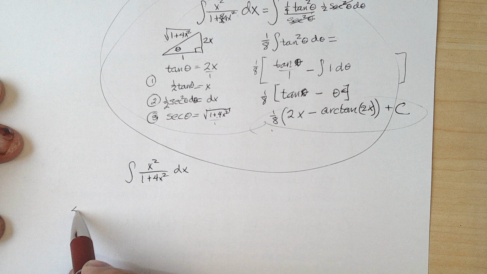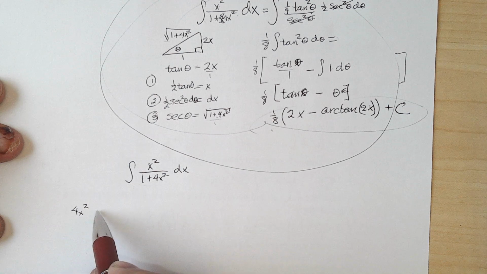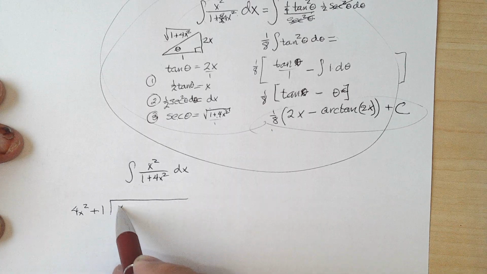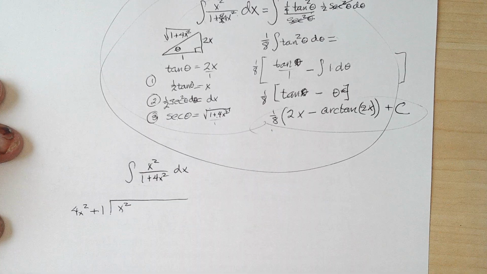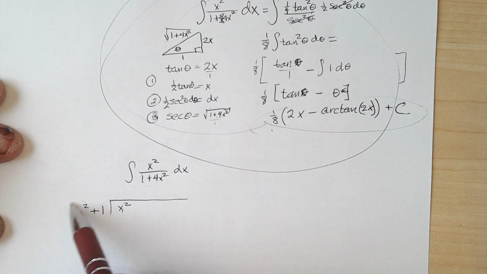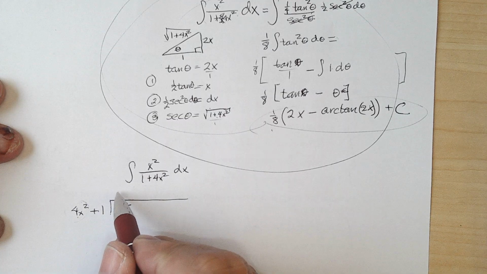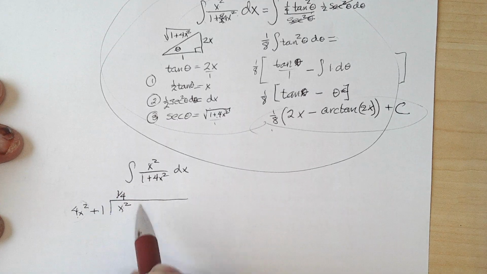So I'm dividing 4x squared plus 1 into x squared, just like it says. So when you do long division, you ask yourself, what do I take times this to get that? And I think that would be 1/4.